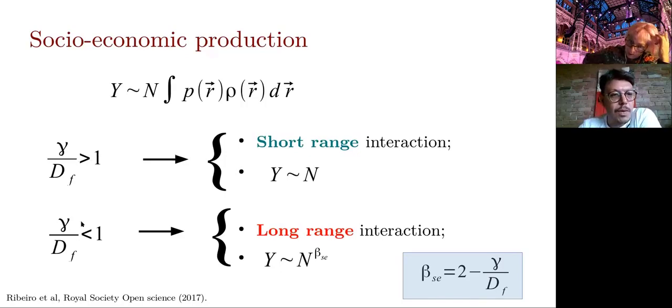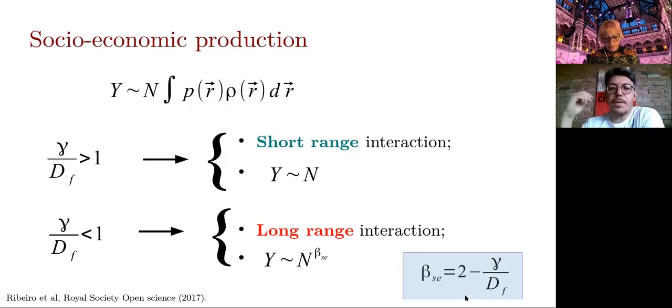Otherwise, when you have gamma smaller than the fractal dimension, you are in the long-range interaction regime, and now the nonlinearity that you have observed in the empirical data emerges. In addition, we can also write beta, the scaling exponent, as a function of the geometrical property of the city. That is, beta is a function of gamma and f.